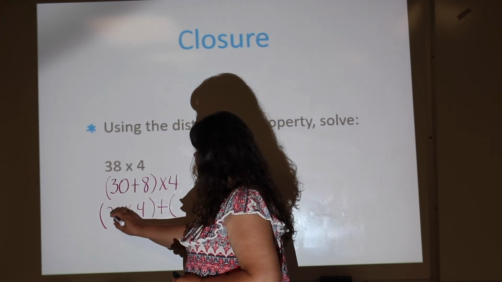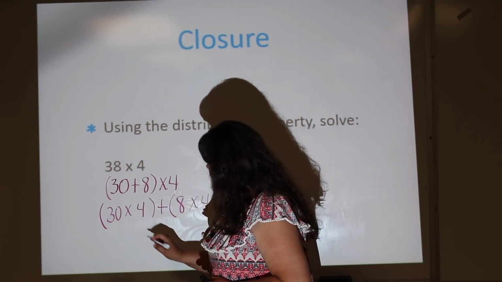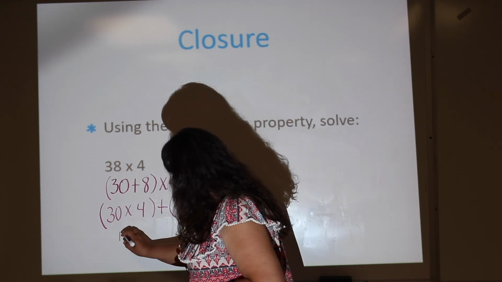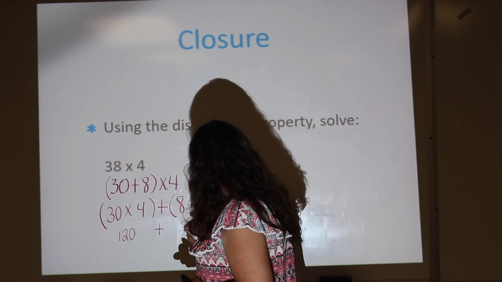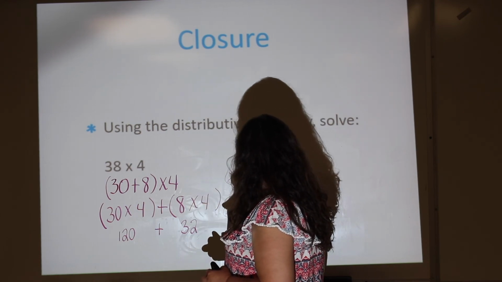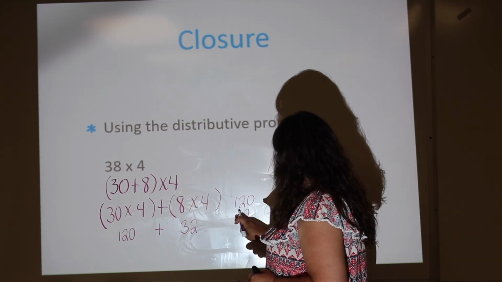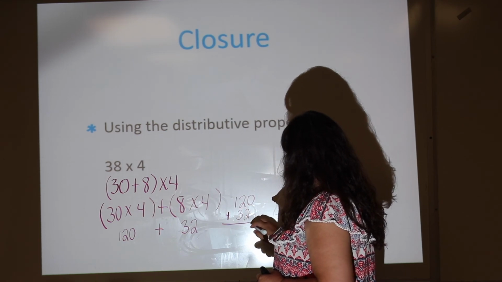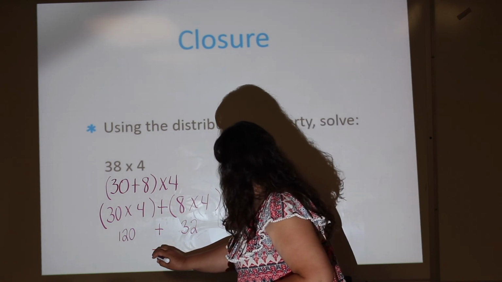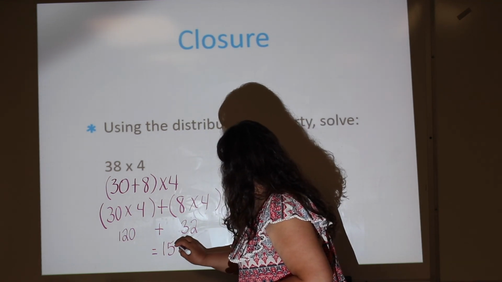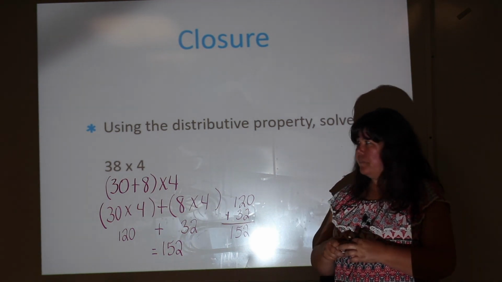I'm going to put my 30 on this side and my 8 over here. Now I'm going to multiply these together. I'm going to add them. And I get 152. So this is the distributive property.